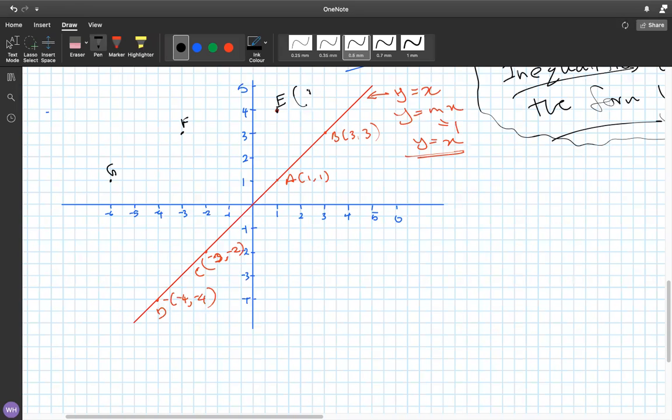(1, 4). Good, (1, 4). Right. So, Chamath, what about the coordinates of F? (-3, 3).